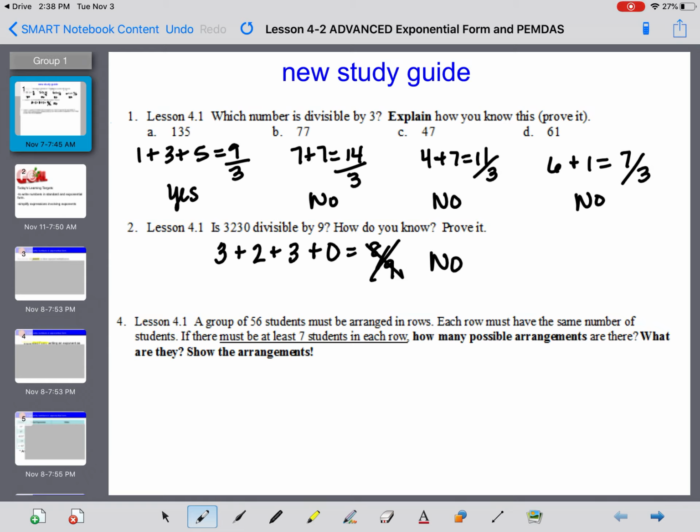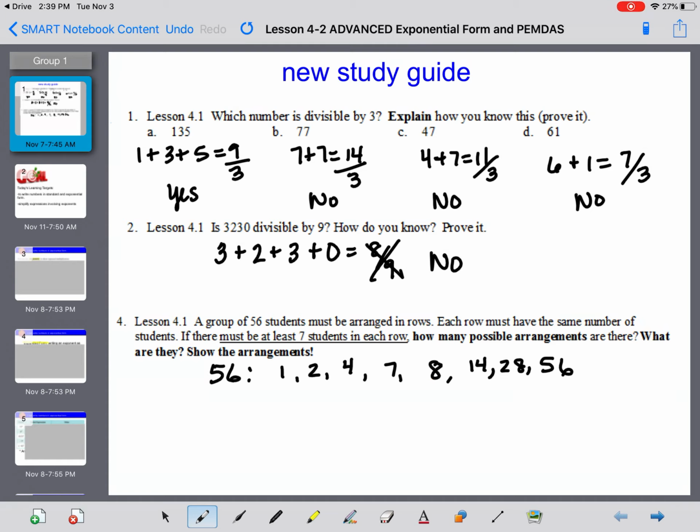Well, one thing that can be helpful is to list all of the numbers that are factors of 56. 1 and 56, 2 and 28, 4 and 14, 7 and 8. Those are all factors of 56.